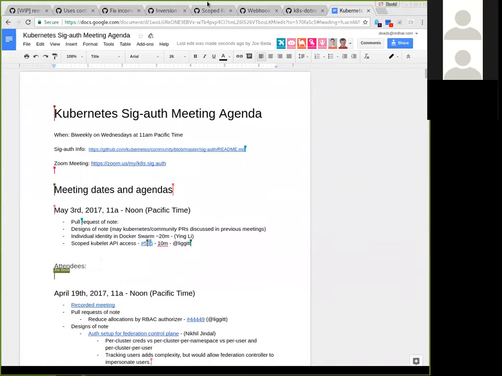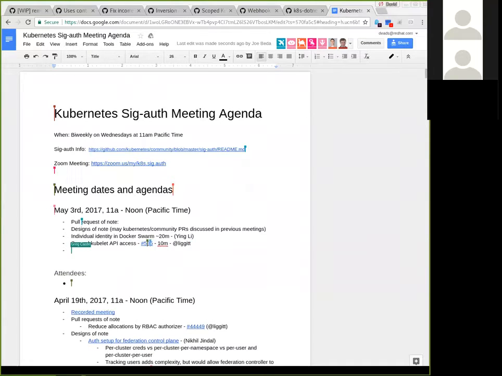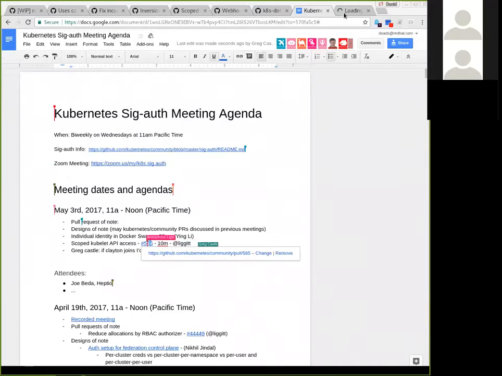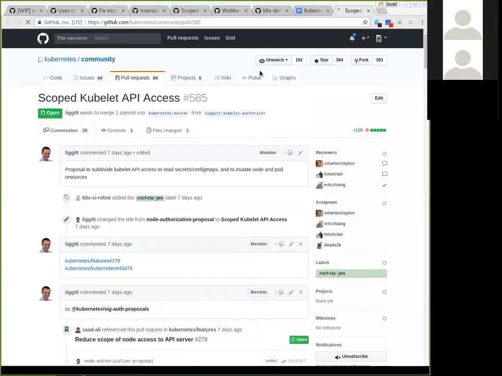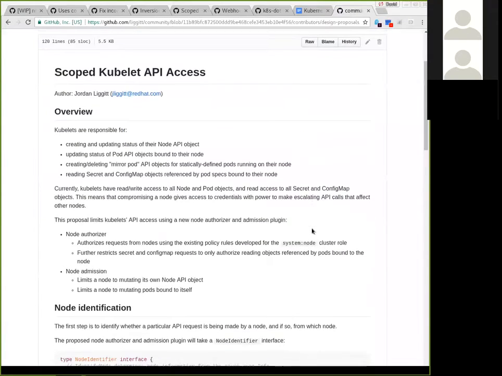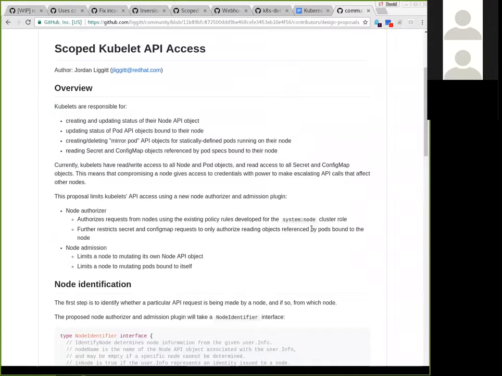All right, Jordan, you want to tell us what's awesome about scoped Kubelet access? Sure. So you can jump over to the GitHub pull request if you want to follow along, but basically we are taking the access that nodes currently have and trying to partition the mutations that they're allowed to do to nodes and pods so that they only get to mutate themselves and the pods that are scheduled to them.